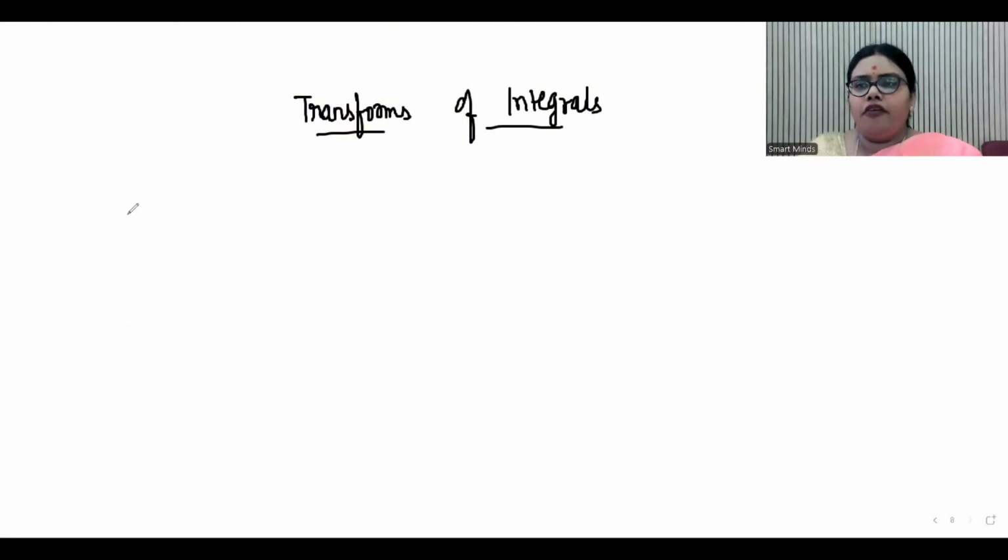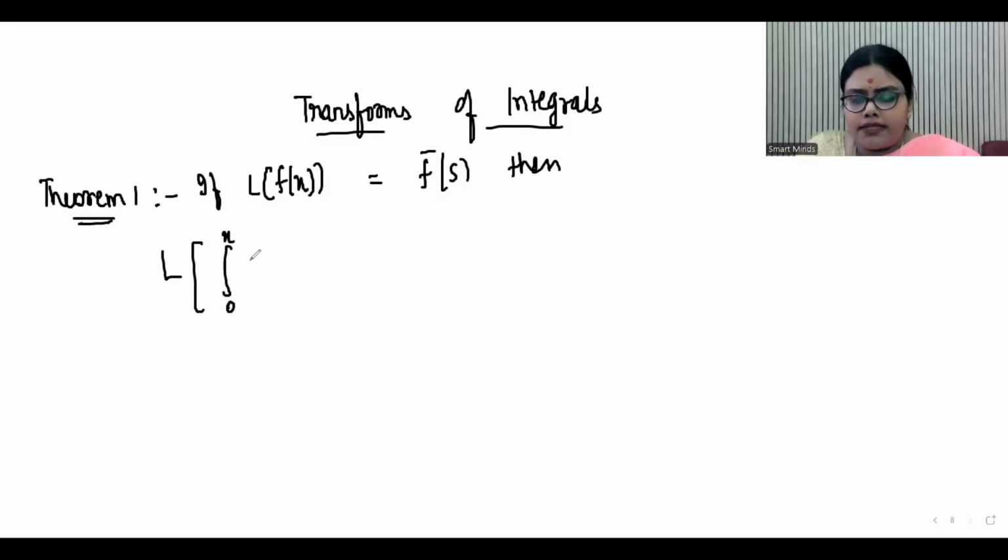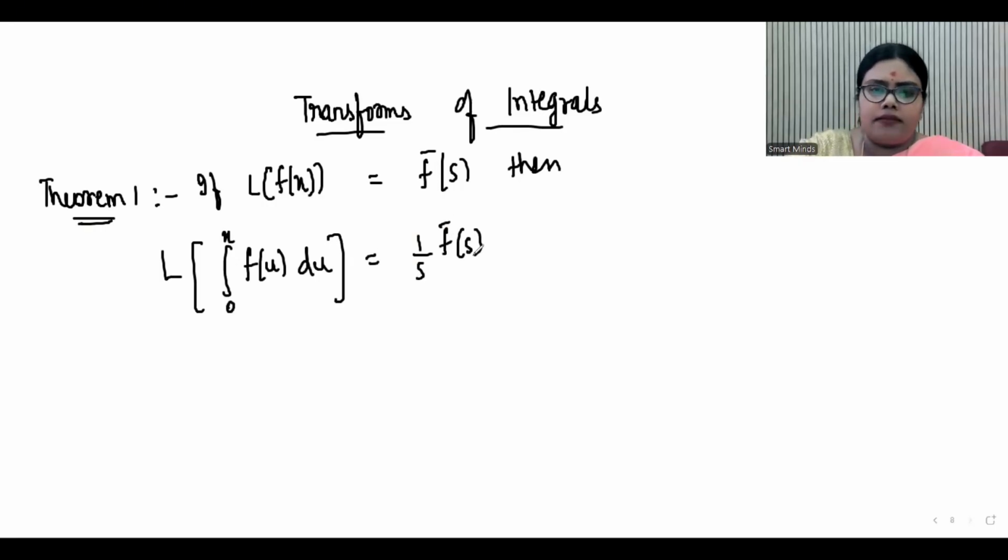The same way we have transforms of integrals. So let us take the first theorem. If L of f of x is equal to f bar of s, then L of integral 0 to x f of u du is equal to 1 by s f bar of s.